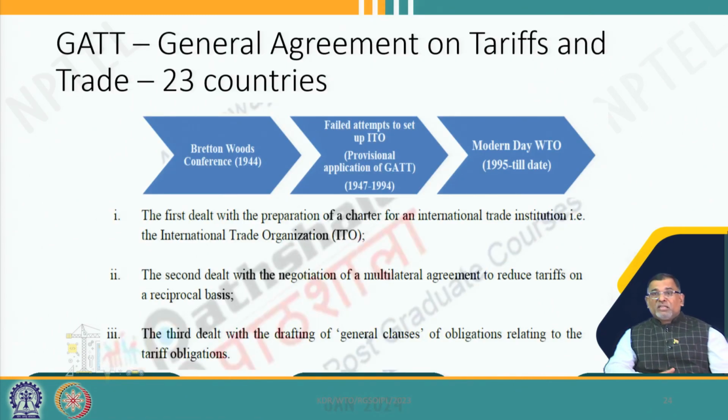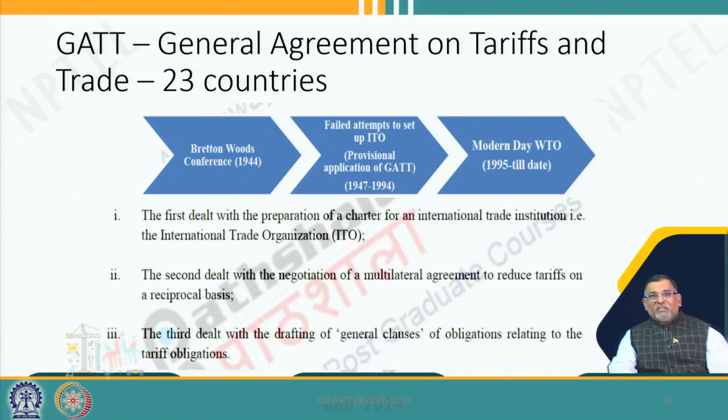When the General Agreement on Tariffs and Trade was established, 23 countries participated. The Bretton Woods institutions were established in 1944; except the ITO, the IMF was established and the IBRD was established, but the ITO never came into existence, mainly because of the non-cooperation of the United States.